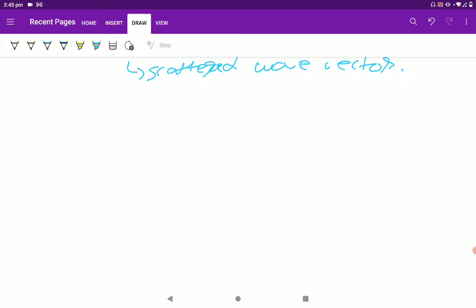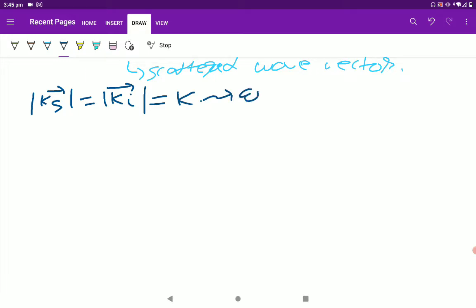Now remember that we have elastic scattering. So the modulus of this scattered wave vector becomes equal to the modulus of the incident wave vector, which is equal to k, due to the elastic scattering hypothesis.